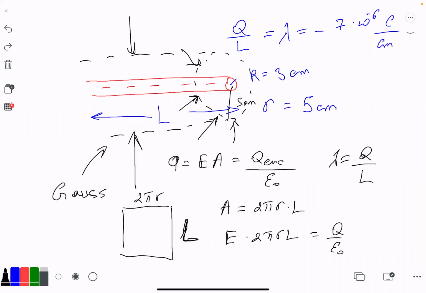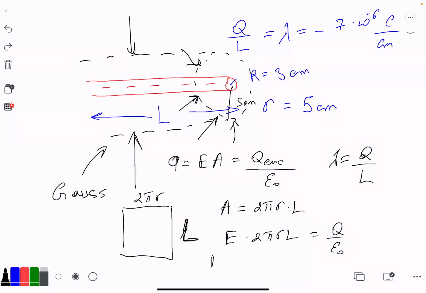What is next? How can we get lambda, linear charge density? What do we have to do? Q over L, right?